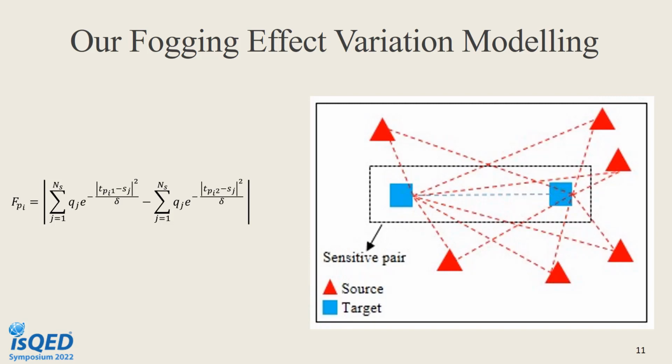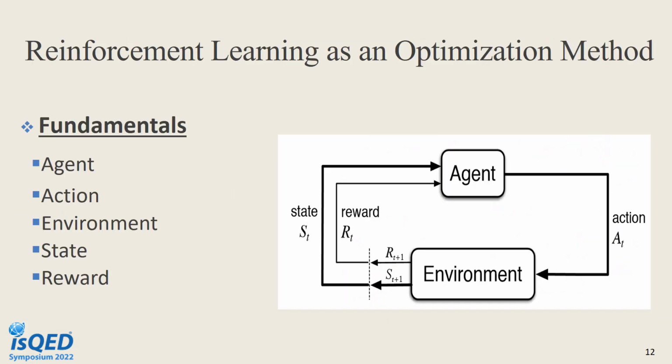We calculate the fogging effect on each of these two transistors, and then we calculate the difference between them to get the variation of the fogging effect in one sensitive pair. Our goal is to minimize this variation between the two transistors in the sensitive pair.